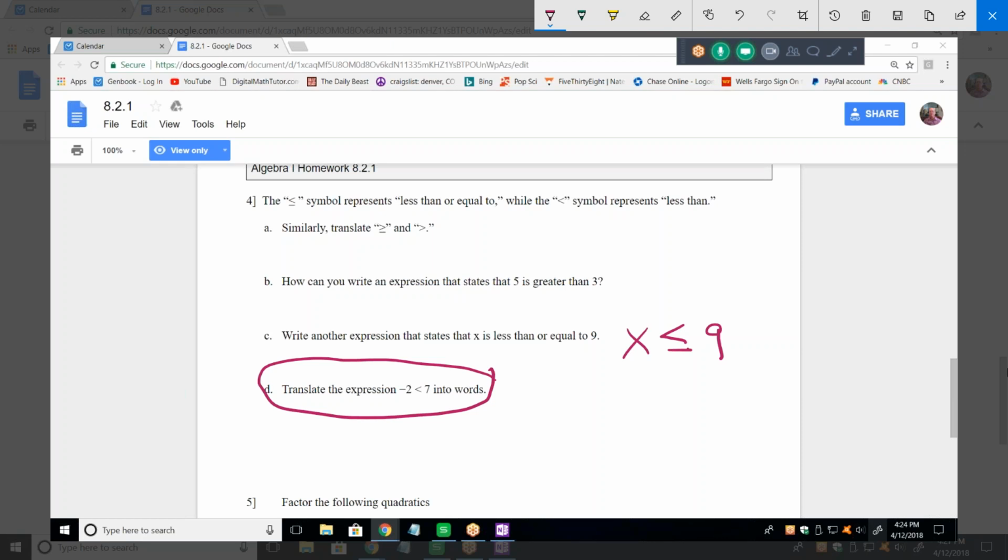That's not a 2. Negative 2. Okay, there's a huge difference. Those two numbers are 4 units apart. Negative 2, what's the rest of it? Is less than 7. Perfect.